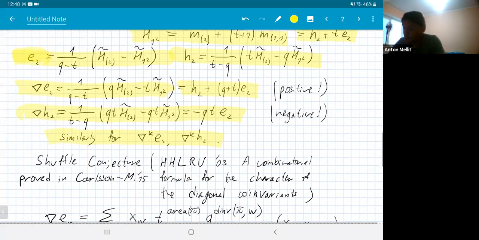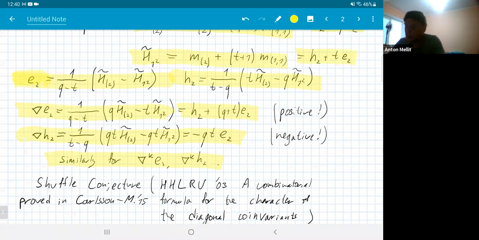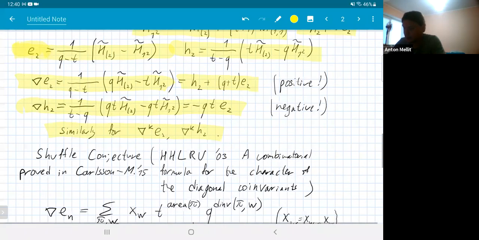So what do we do with this? So we want to understand, to apply Nabla to some functions and to try to find some explicit combinatorial expansions.